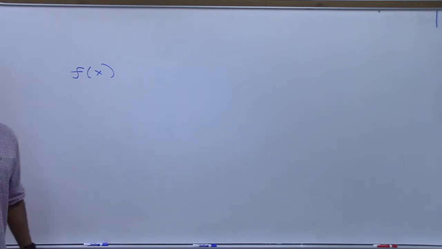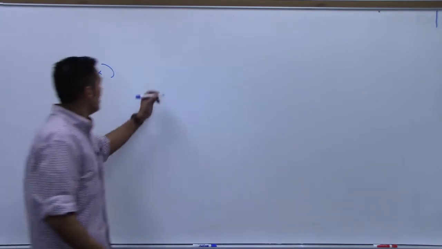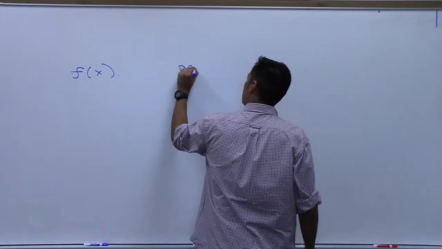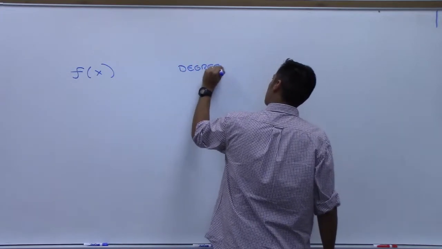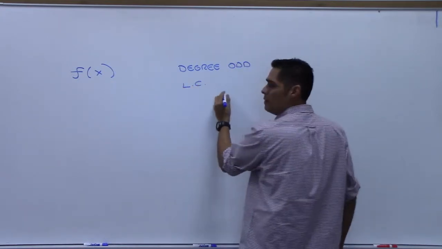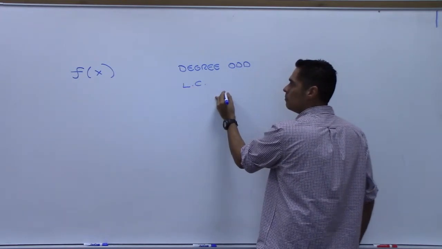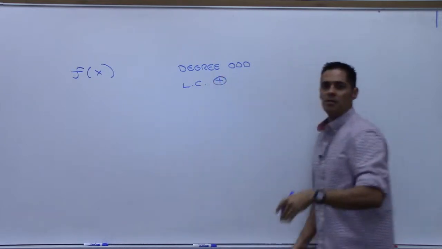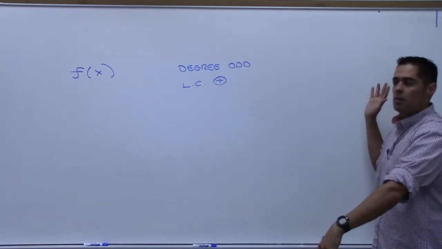So we've got a lot of information just from this picture, right? I can say for sure that the degree is odd. I can say the leading coefficient is what? Positive, right? Because left side down, right side up.